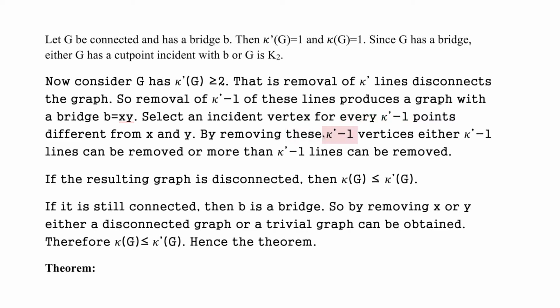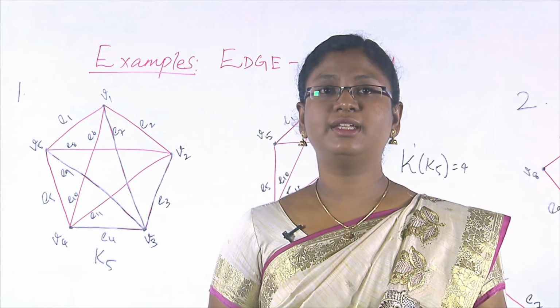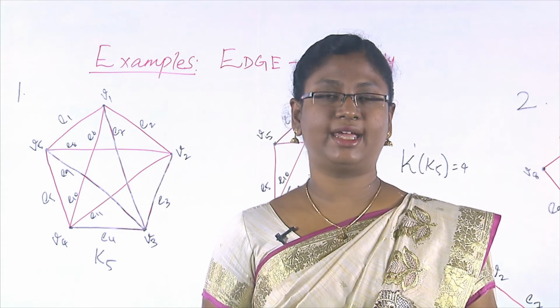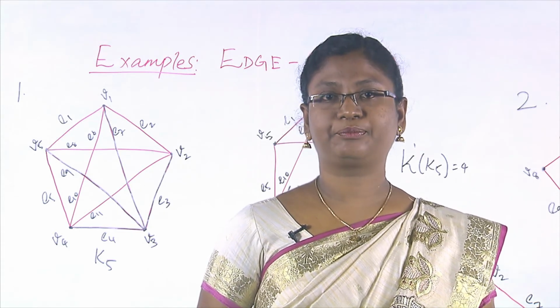By removing these kappa dashed minus 1 vertices, either kappa dashed minus 1 lines or more than kappa dashed minus 1 lines can be removed. If the resulting graph is disconnected, then the connectivity of G is already less than or equal to the edge connectivity kappa dashed of G. If it is still connected, then B is a bridge. So, removing either x or y will result in a disconnected graph or a trivial graph, which means the connectivity of G is less than or equal to kappa dashed of G. We proved the theorem here.